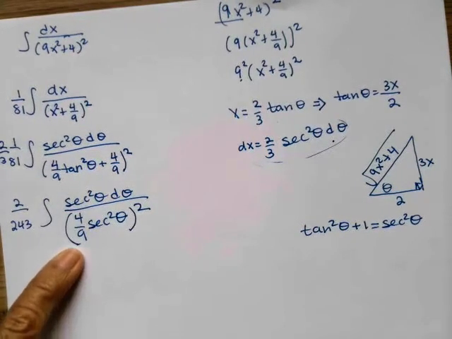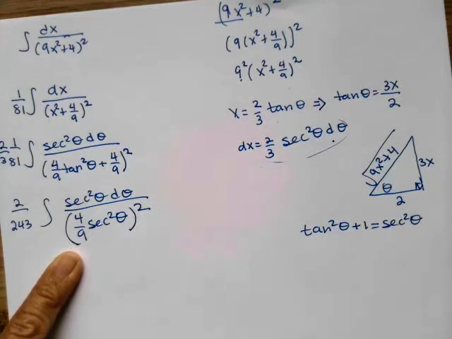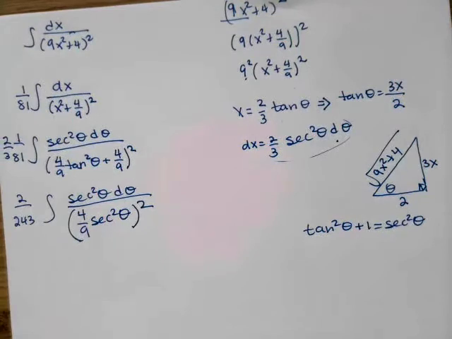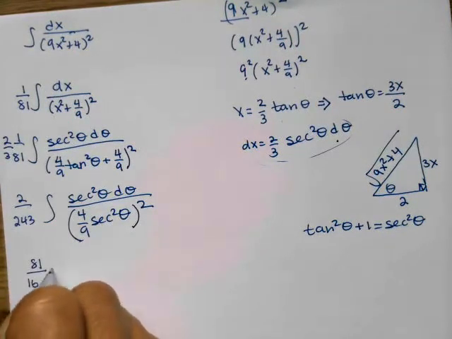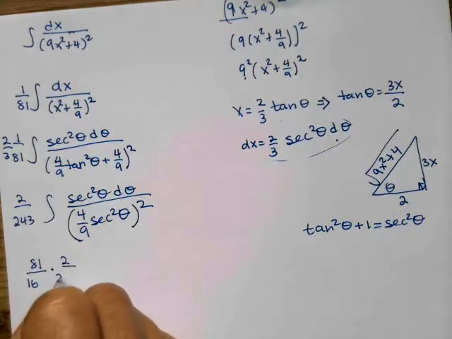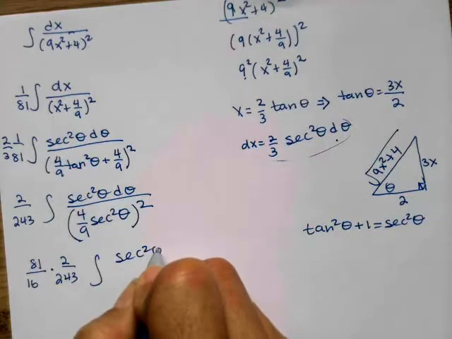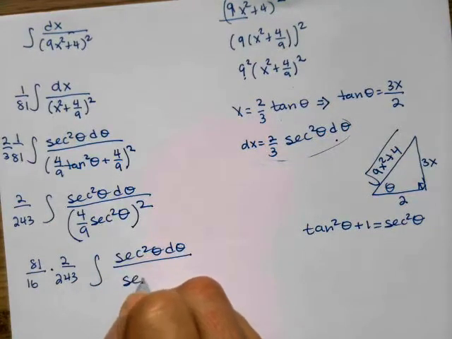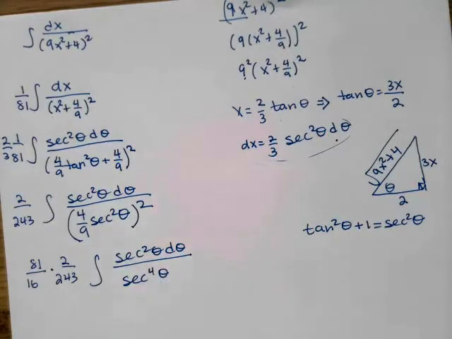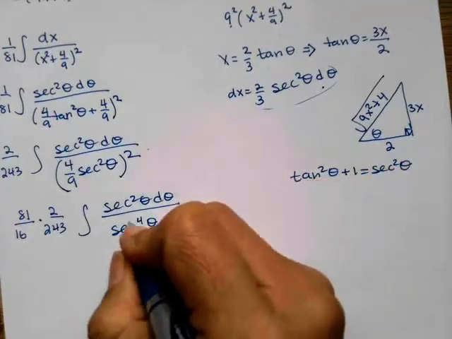Okay, so again, the 4/9 squared, it's in the denominator, it can come on out, it's going to get flipped and multiplied. So I'm going to get 81 over 16 times 2 over 243. And then I have secant squared theta d theta. And on the denominator, I have secant to the 4th theta, right? Secant squared squared. So go ahead and reduce.